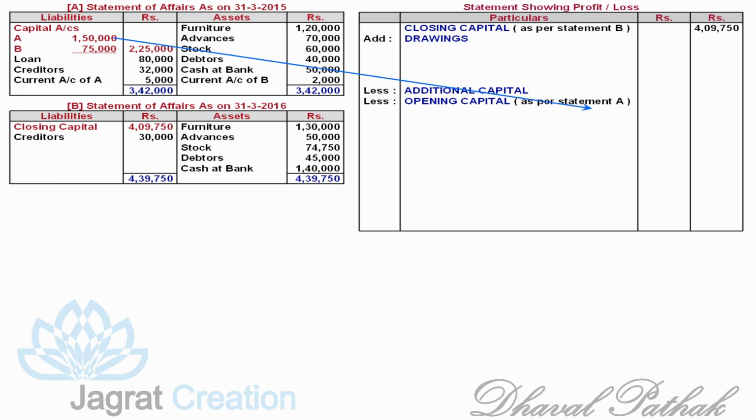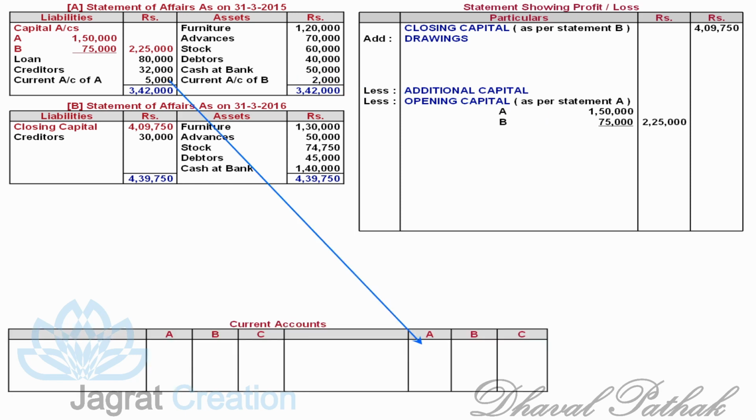Then opening capital is fixed capital 1,50,000. B is fixed capital 75,000. Current capital, that also considered as the opening capital. The current capital balance of A is 5,000. That I will write in the current account, wherein I am going to give the adjustment effects also in current account. I will get the bifurcated balance of current account by end of giving adjustment for all these things.